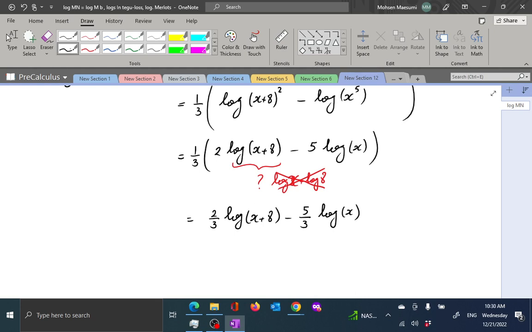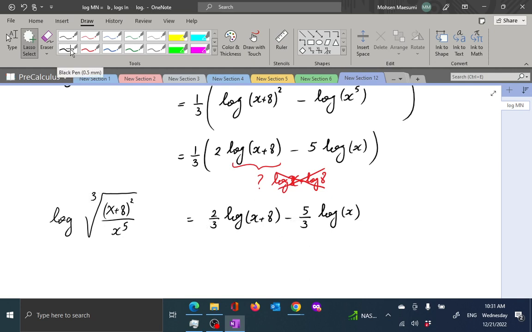So let's write the original expression so that we see what happened. We had the logarithm of the cube root of (x plus 8) squared over x to the power of 5. You notice that the root is here in the denominator, and the exponents are in these numerators.